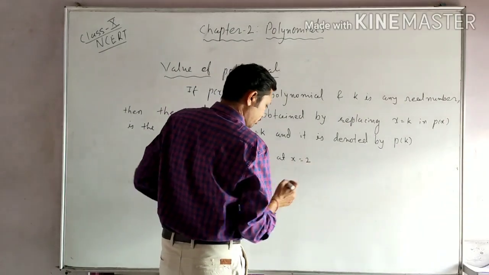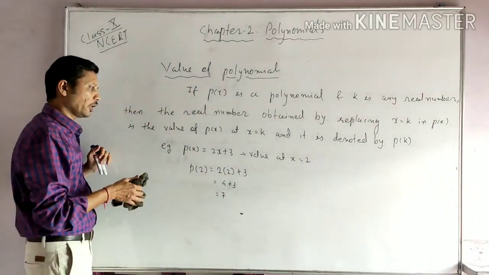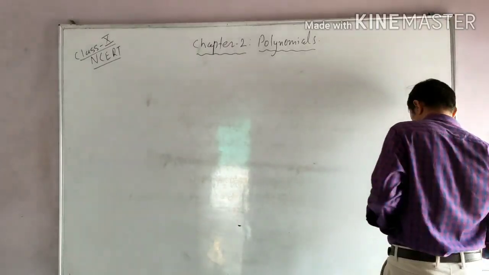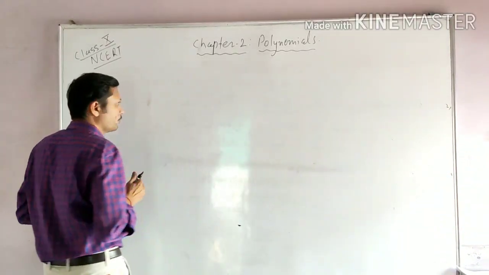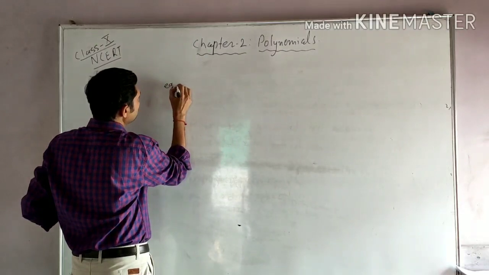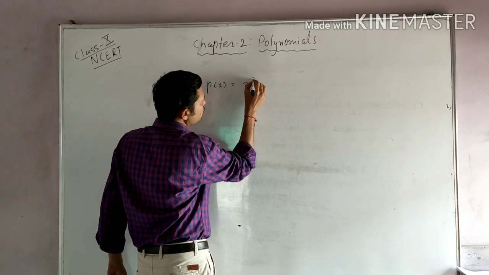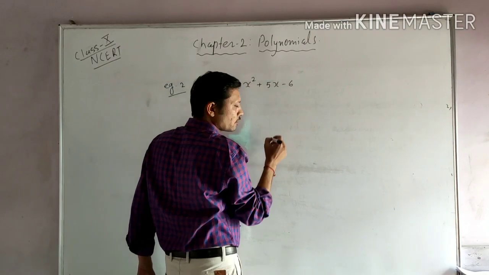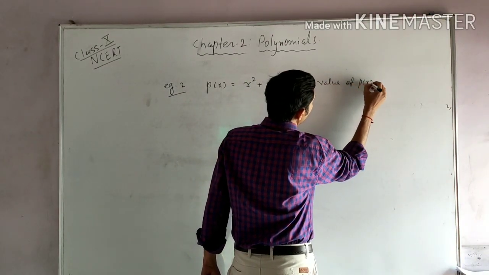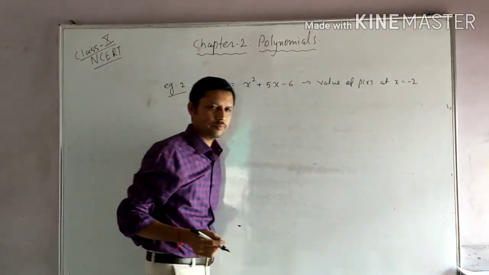Let's take one more example. Okay, now take another example. p of x is equal to, suppose, x square plus 5x minus 6, and we want to find out the value of this polynomial at, suppose, x is equal to minus 2.